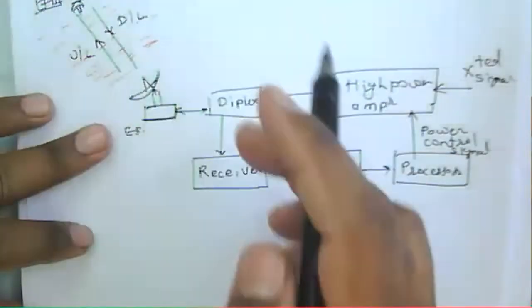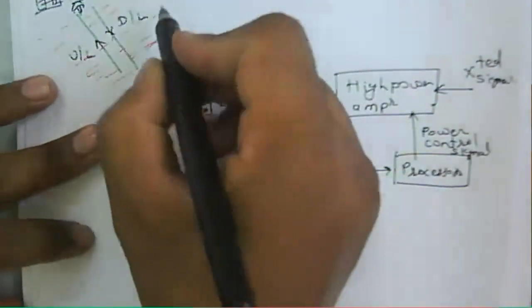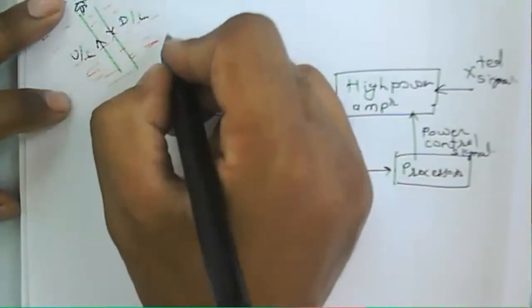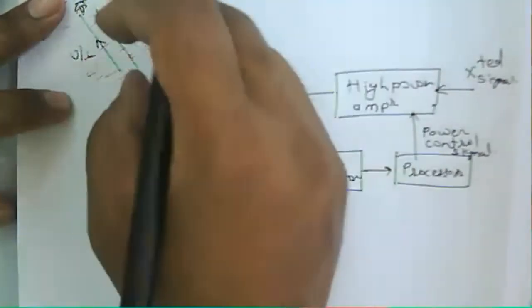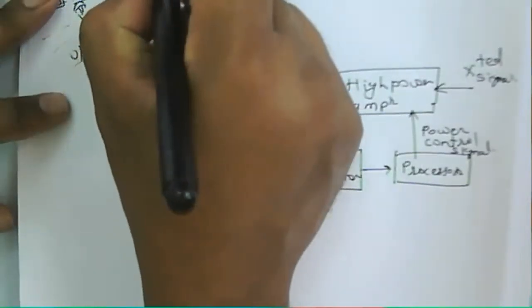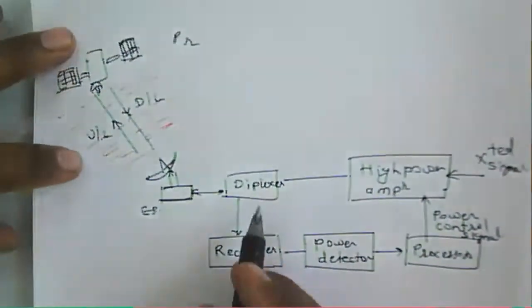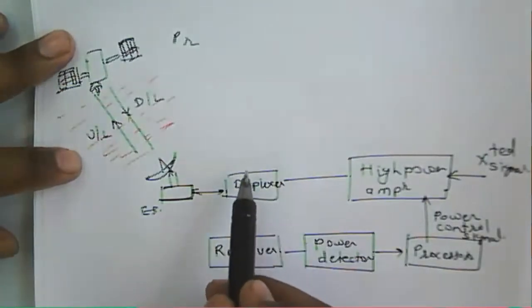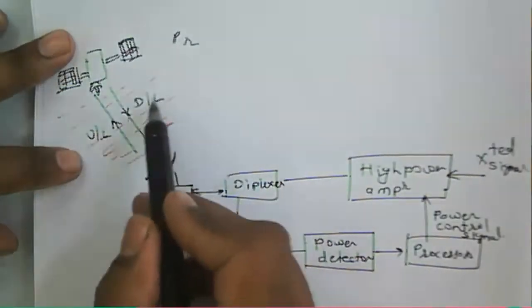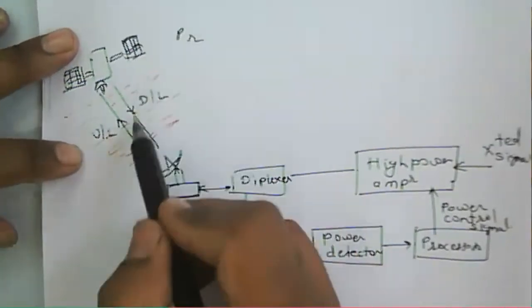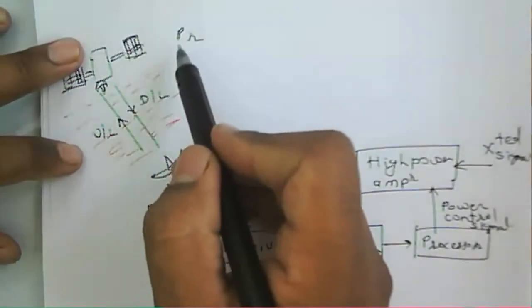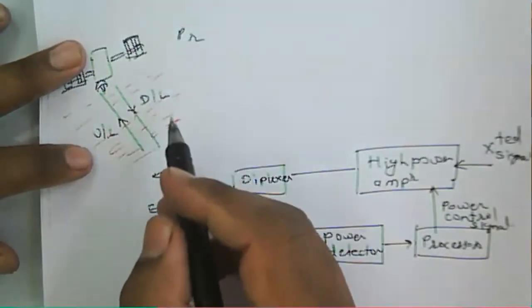Whatever attenuation takes place due to rain or any other absorption in the ionospheric layers, the received power will be reduced. So if we increase the transmitting power, we can compensate for that attenuation and absorption occurring in this region.